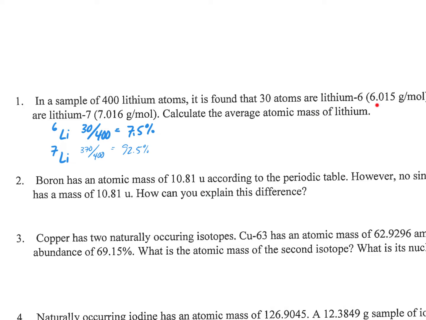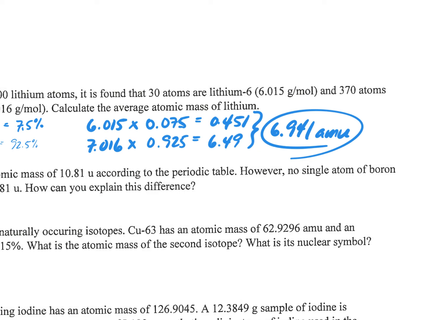We're just going to use this number as AMU, and you don't have to worry about it whatsoever. We're just going to go with 6.015 AMU and 6.016 AMU. And there you have it. Taking the weighted average, we get 6.941 AMU, which is exactly what we find for lithium on the periodic table.